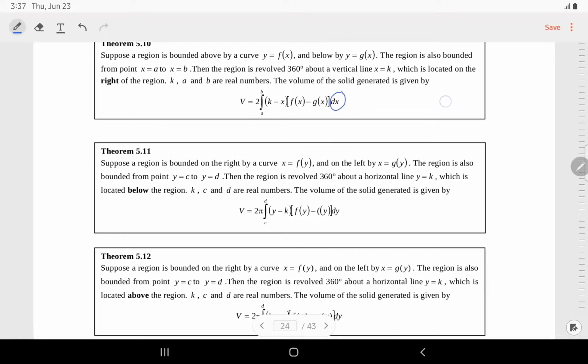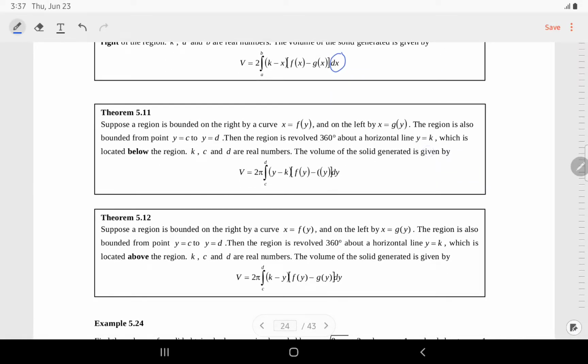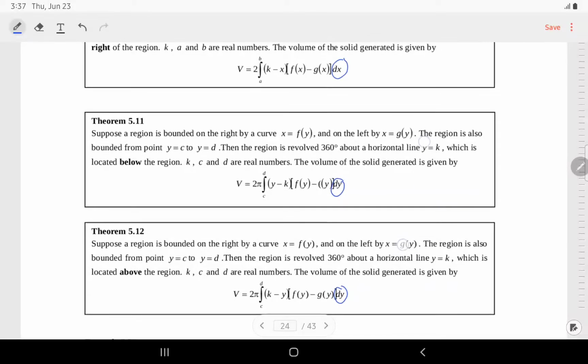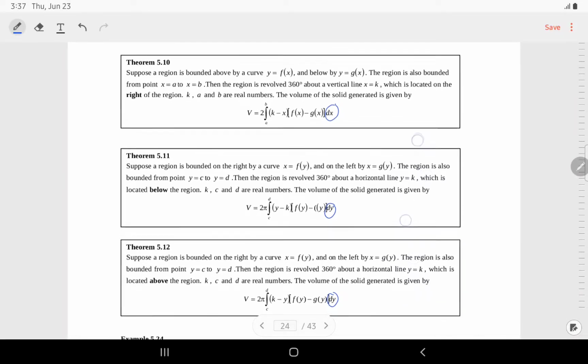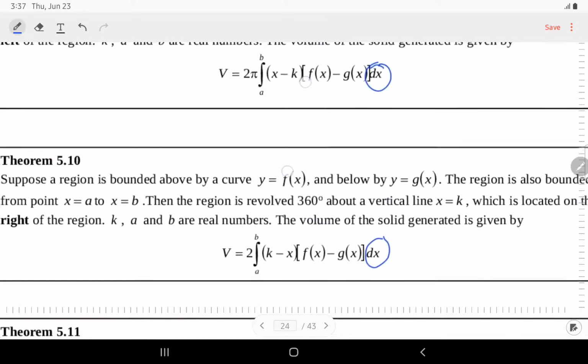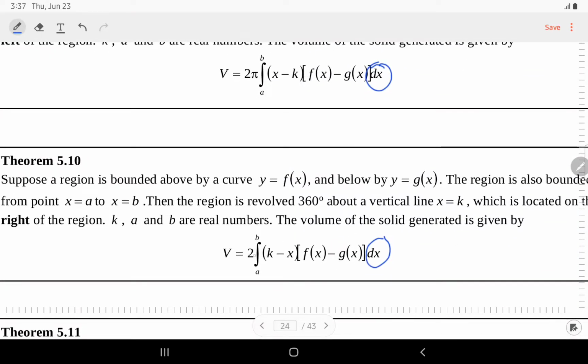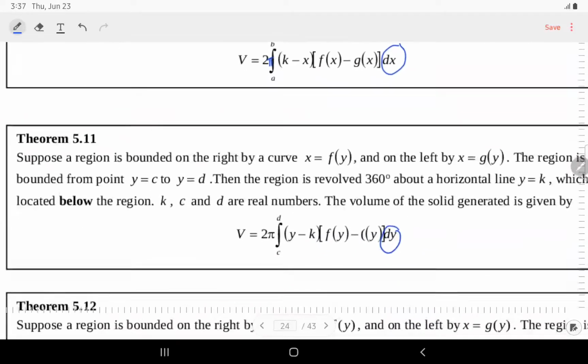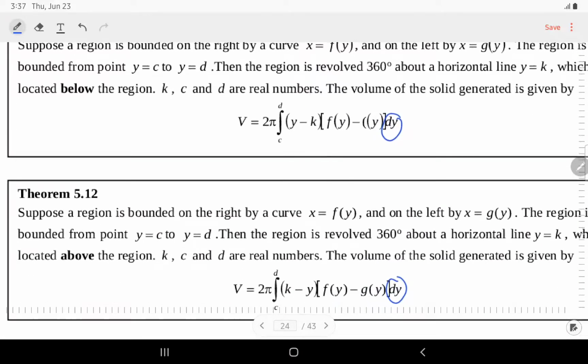Meanwhile, theorems 5.11 and 5.12 involve integration with respect to dy. All four formulas have 2 pi in front of them.